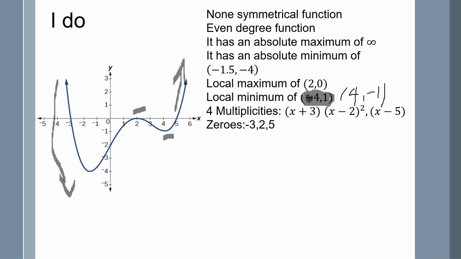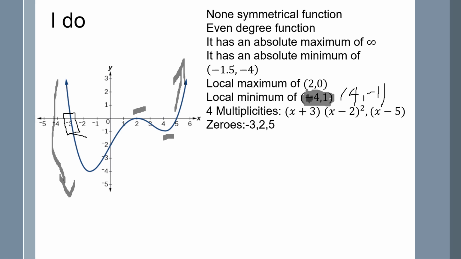And we get negative 3 because we solve these multiplicities and we get negative 3. And so that's a 0 right there. And the only thing we gotta do is just inverse the negative 3, put positive 3, put an x in front of it. And since it cuts through the x-intercept, it has a multiplicity of 1.